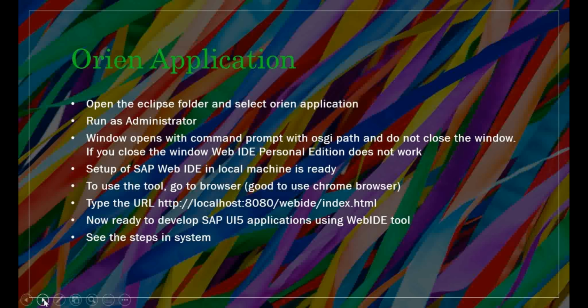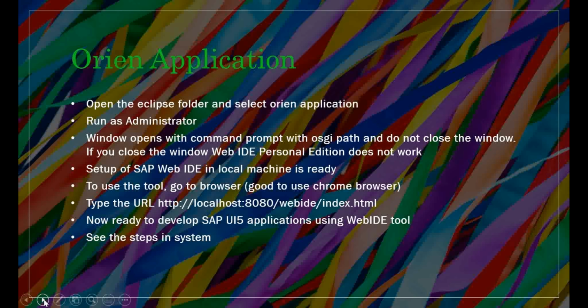Just select the Orion application file, right click on that, then run as administrator. Then immediately you will see a pop-up window with the OSGi path. Don't close this window. You require it to run the SAP WebIDE Personal Edition.